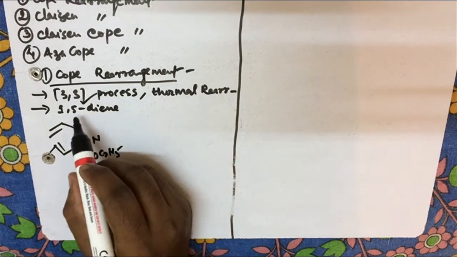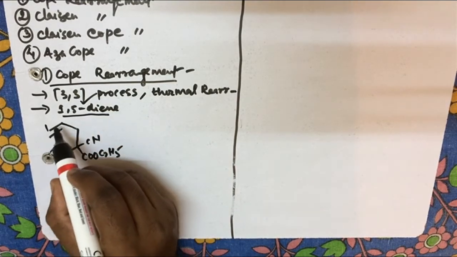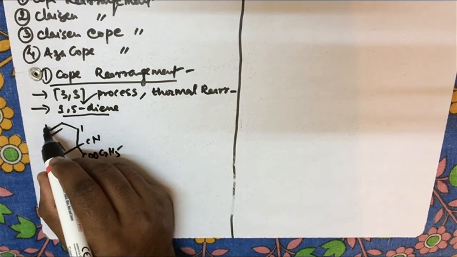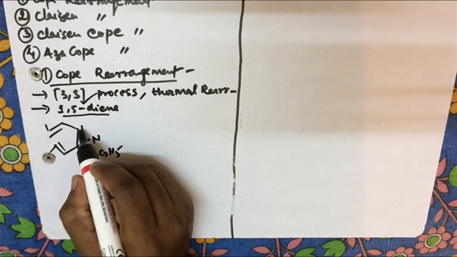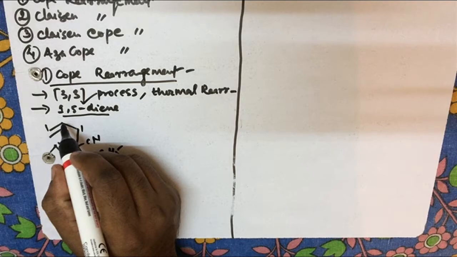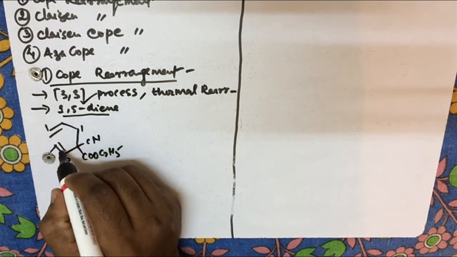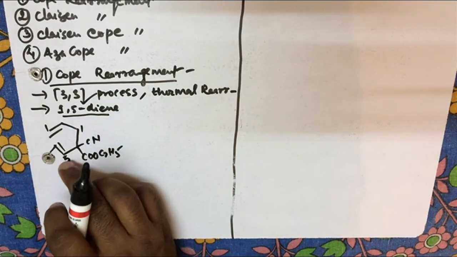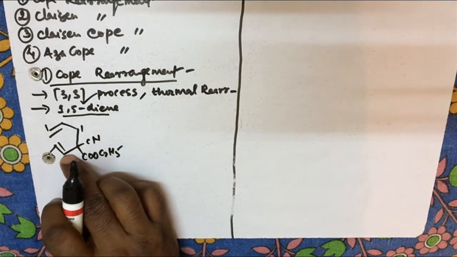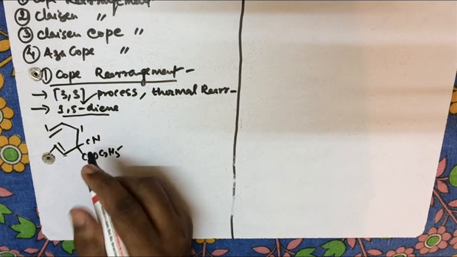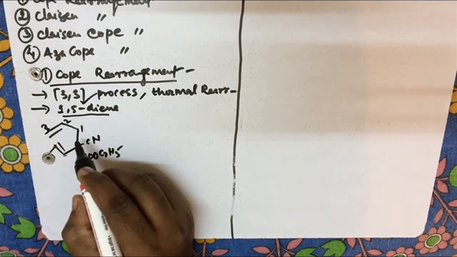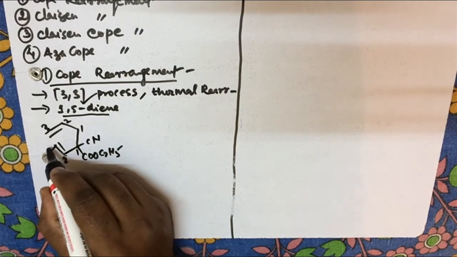this is a 1,5-diene. You can count here 1 2 3 4 5 6. This is the 5 position, this is the 1 position, so this is a 1,5-diene. Here the [3,3] sigmatropic rearrangement takes place. Counting will start 1 2 3, 1 2 3.